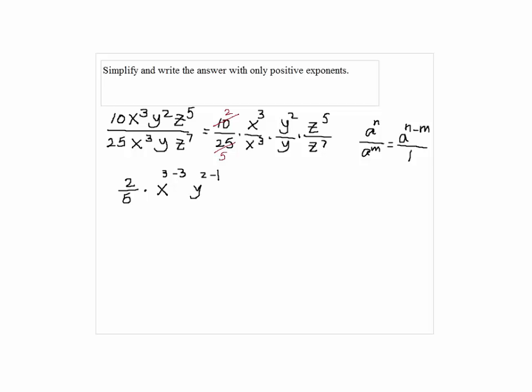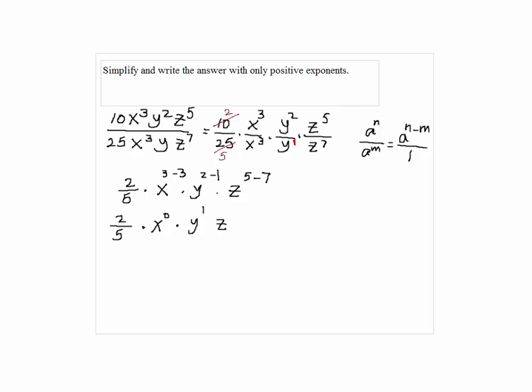So we have 2 over 5 times x to the power of 3 minus 3, y to the power of 2 minus 1. Remember, the exponent here is 1. And z to the power of 5 minus 7.